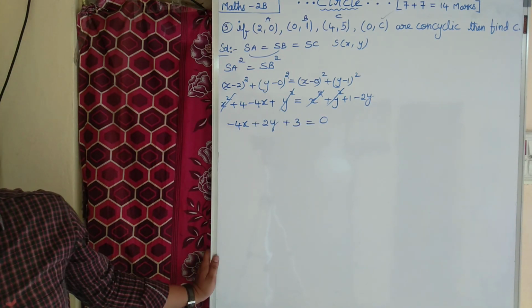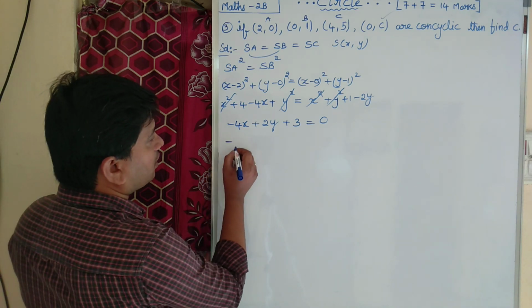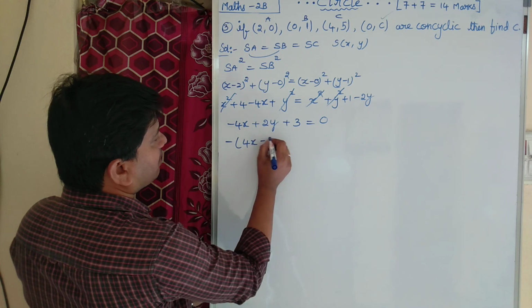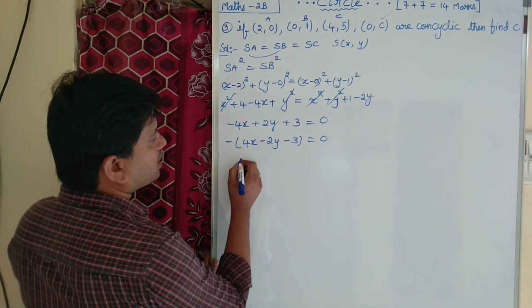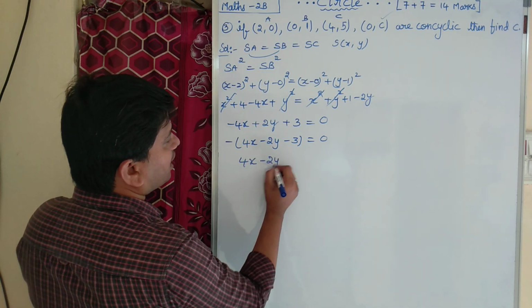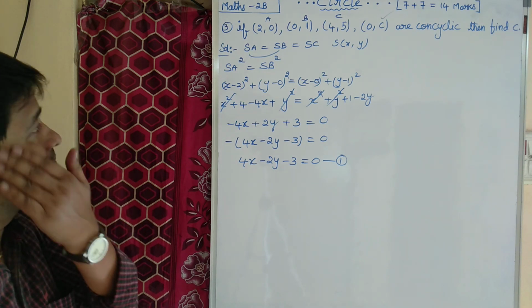So what is our equation of circle? Let us take minus common here. If I take minus common, I'll get 4x minus 2y minus 3 equal to 0. Minus 1, you transpose, it will become 4x minus 2y minus 3 equal to 0. This is our equation number 1.